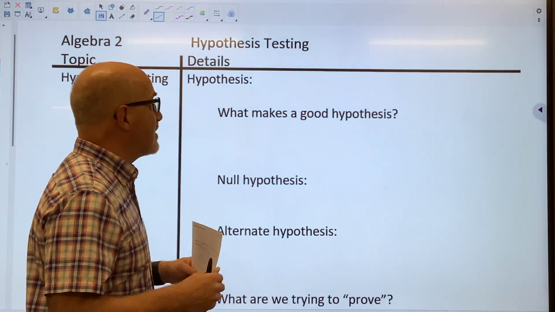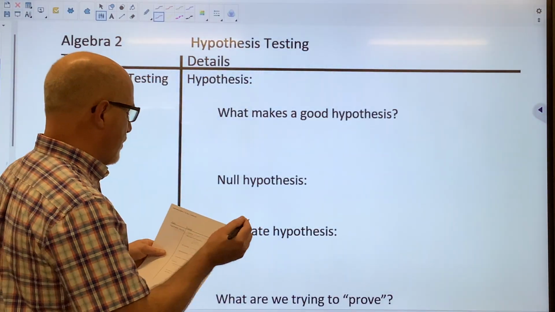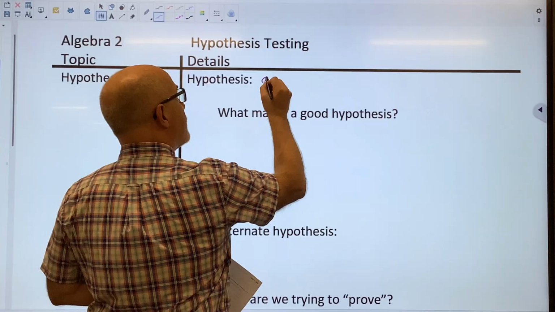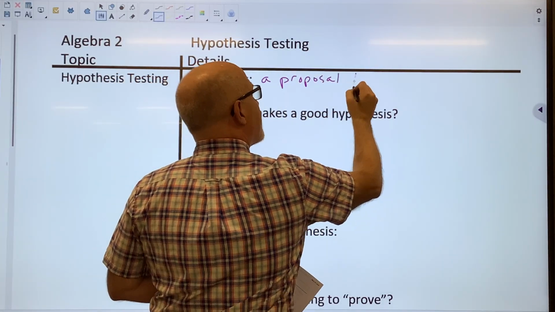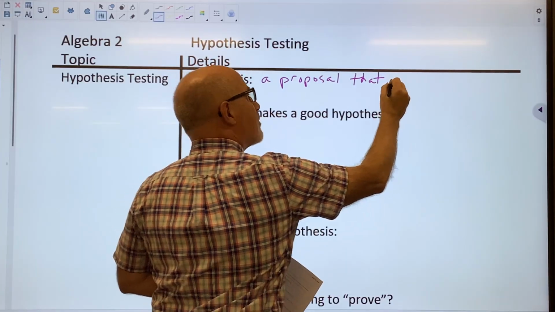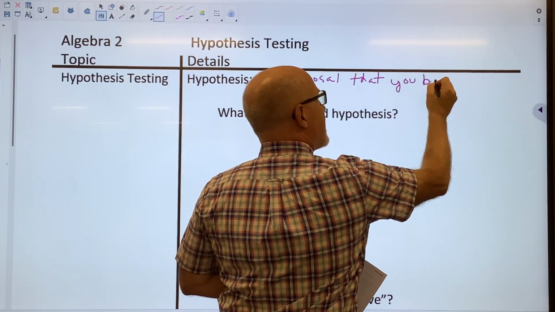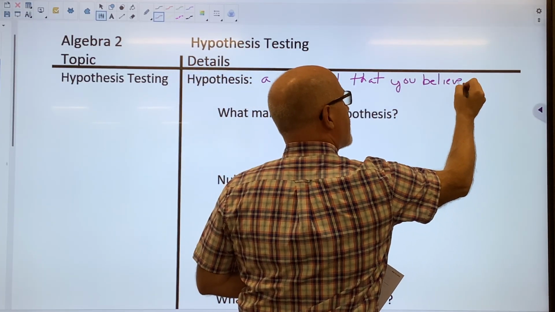So hypothesis testing, first of all, is a proposal that you think is true, that you believe to be true.